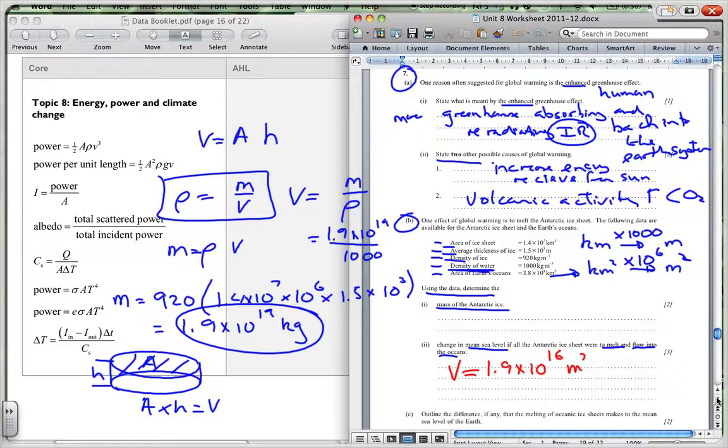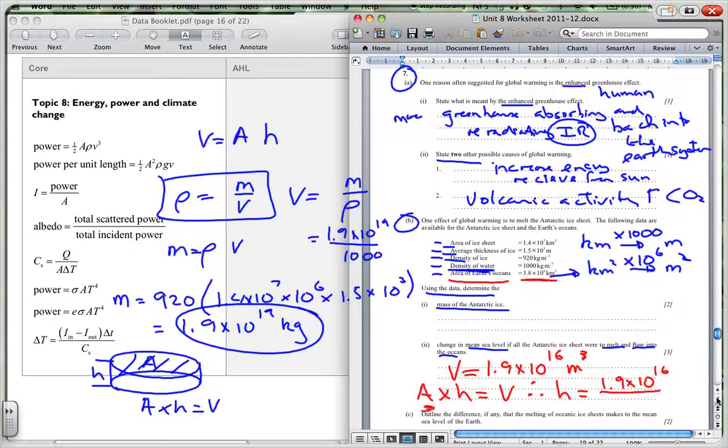So now that's all flows into the sea, and we have the area of the ocean given by that. So the area times by the height will equal my volume, and therefore we will have the height is equal to the volume, 1.9 times 10 to the 16 meters cubed, divided by my area.